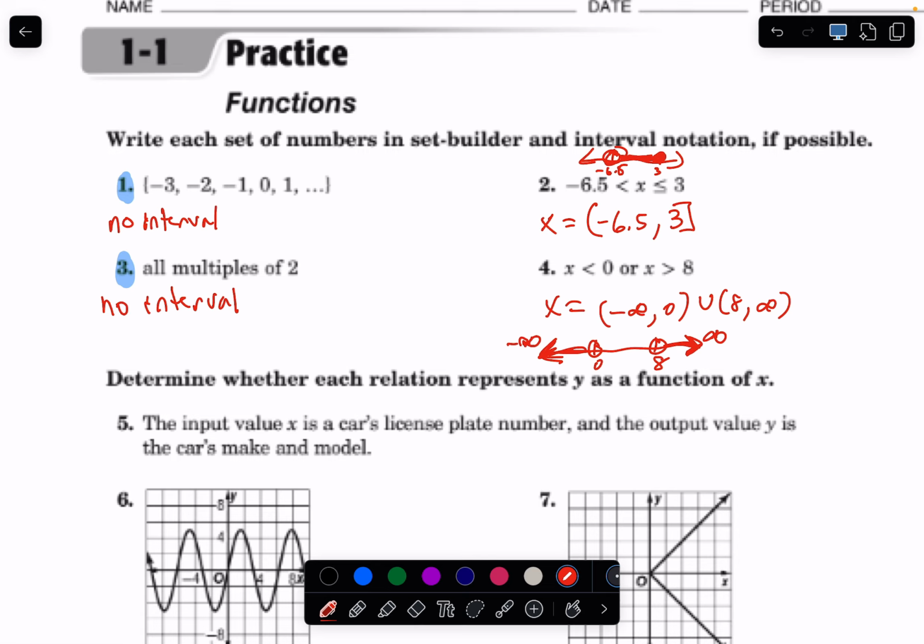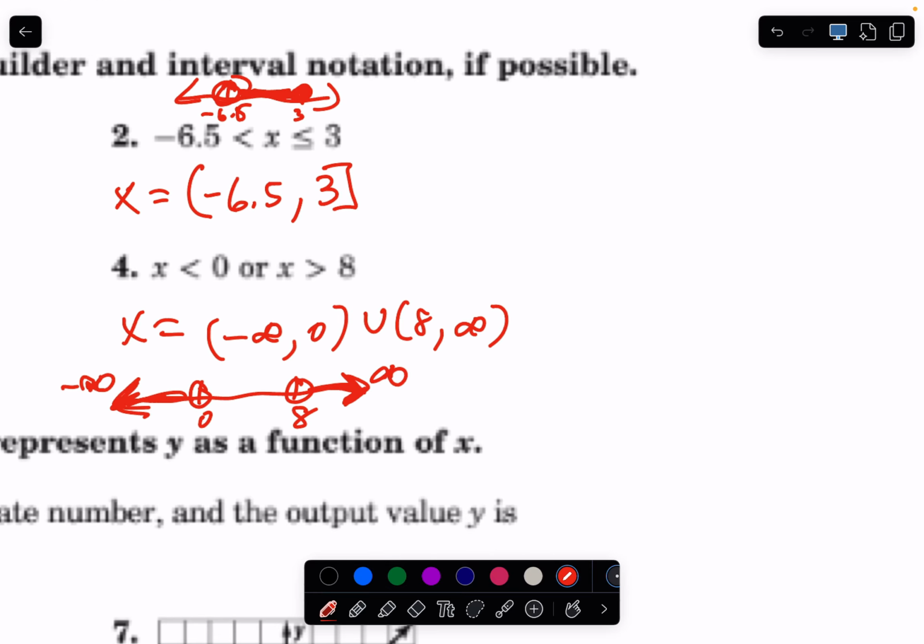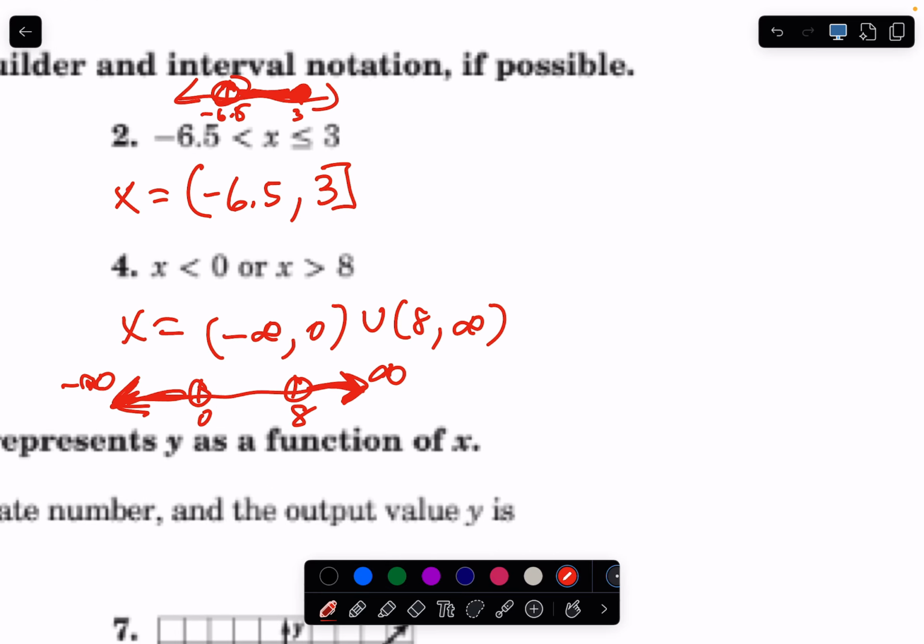Let's do the set builder part of things. The easiest ones to do set builders for are 2 and 4. So now let's do the set builder notation for 2 and for 4. All you're going to do every time is put the first wiggly bracket, and then x, and then such that.